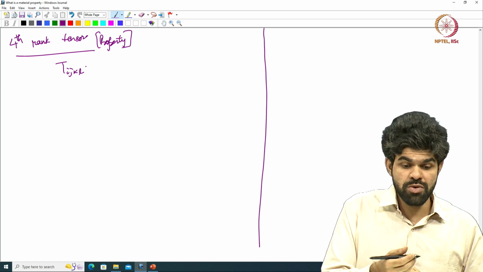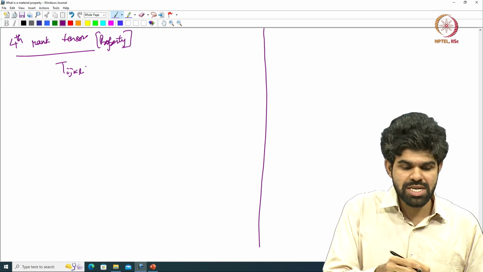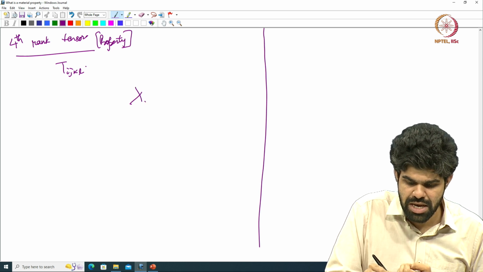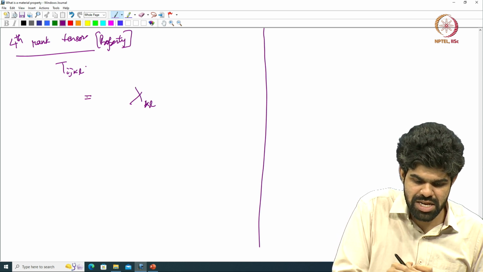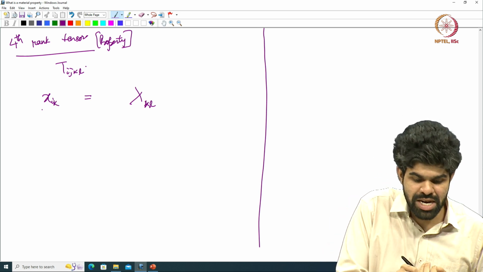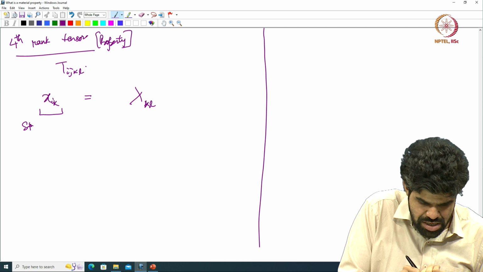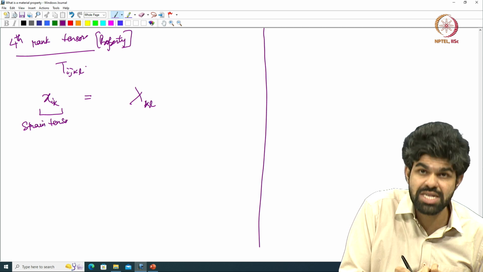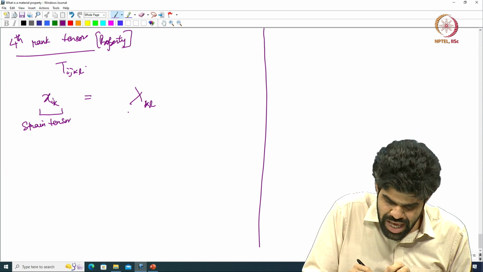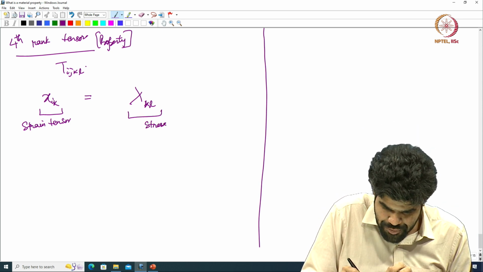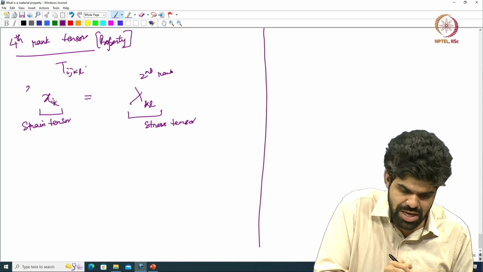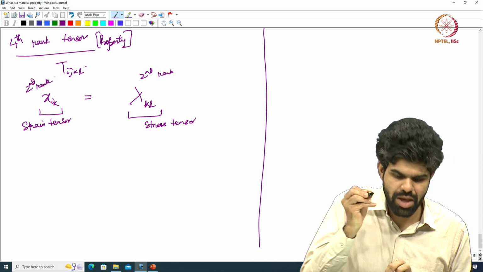So, now what is a good fourth rank tensor that is used in material science? If I apply stress in kl direction and I generate strain in ij direction, what relates stress and strain? Strain is also a tensor, by the way, this is the strain tensor. So, we will actually look at stresses and strains separately in the next class, that deserves a class by itself, and xkl is the stress tensor. Both these are second rank tensors, this is second rank, this is also second rank, okay.